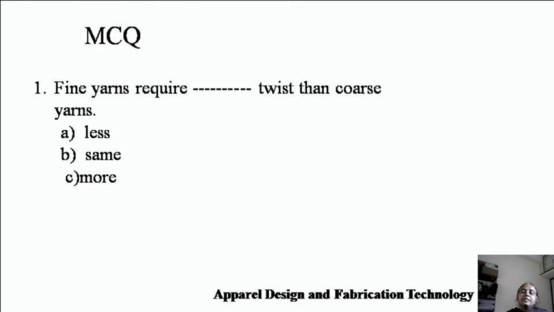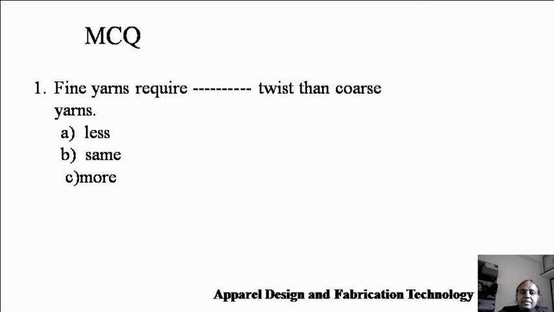So in general, you understood the introduction about yarn twist and yarn count. Next, you have the multiple choice questions. First one is, fine yarns require dash twist than coarse yarns. You already know which twist gives a thin and a coarse effect.